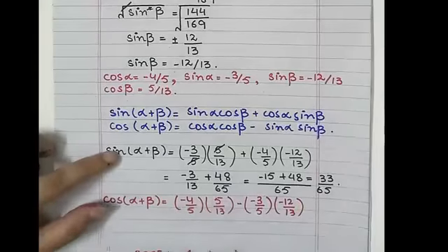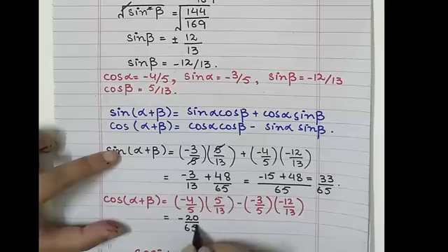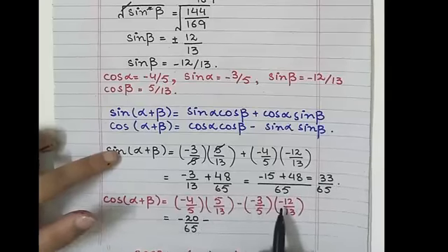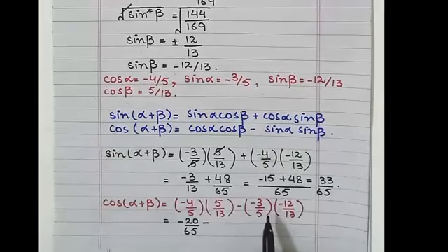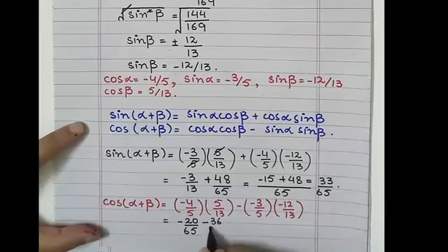So 5 times 4 is 20 over 5 times 13 is 65. Then we have a minus sign. This minus and minus when multiplied we have a positive sign. 12 times 3 is 36 and 5 times 13 is 65.